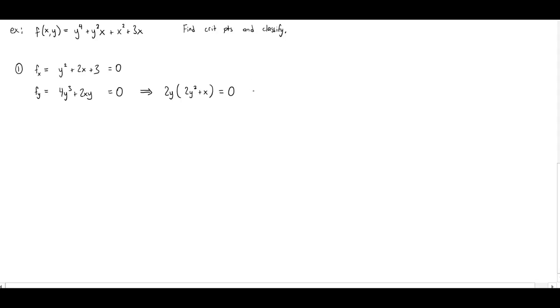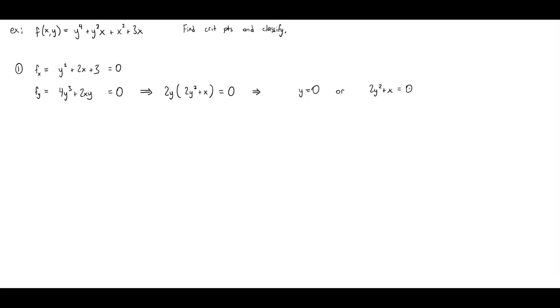So when we have a product equal to 0, that leads to two possibilities. So either 2y equals 0, meaning y is 0, or the other possibility is 2y squared plus x equals 0. All right?